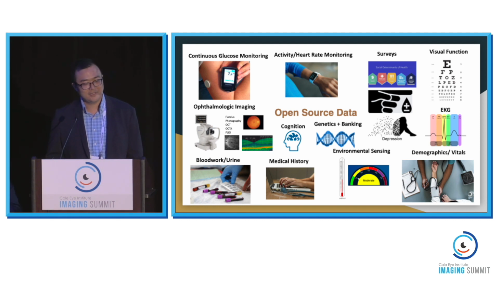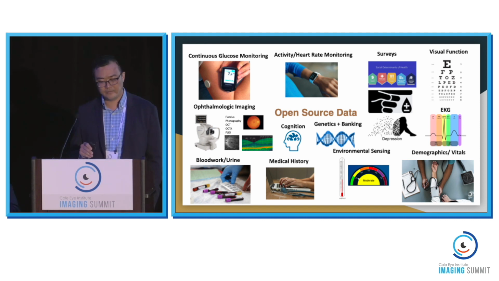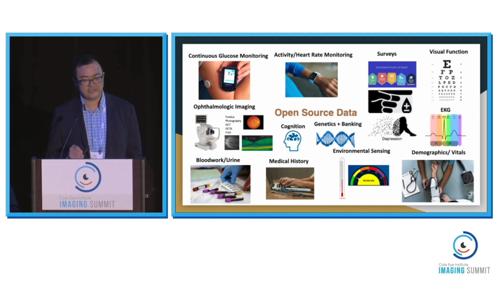And so that includes color fundus photos, OCT, OCTA, and a newer modality called FLIO from Heidelberg. We are actually trying to solve one of the device dependency problems in AI by collecting color fundus photos on 3 different machines, OCT on 3 different machines, and OCTA on 3 different machines from different manufacturers.